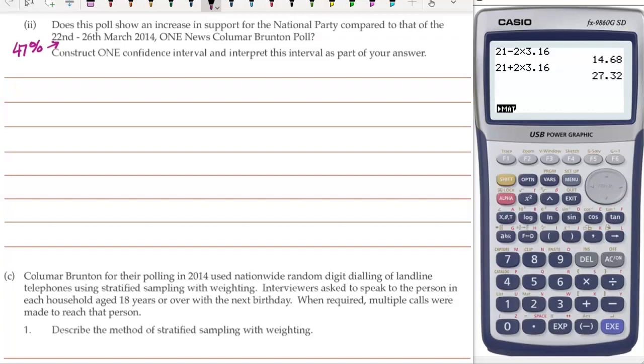Now the two polls are done independently of each other at different times, so for our margin of error we do 1.5 times the average margin of error. So half of the margin of error for each one, which is 3.16%, plus 3.16. That gives us a margin of error of 4.74%.